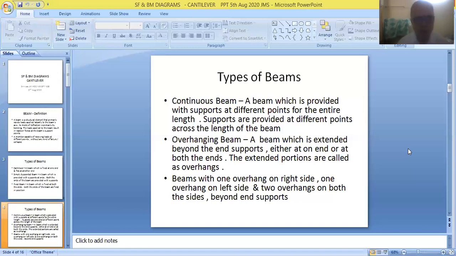So we have to make the calculations and find out the values of shear forces and bending moments. And finally, we have to construct shear force and bending moment diagrams. So here we talked about the classification of beams used in different situations.